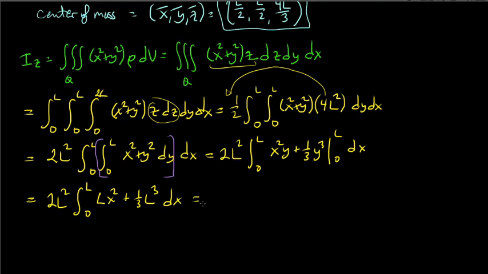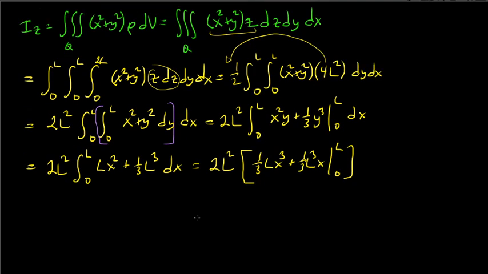And finally, we integrate with respect to x. That gives us 1/3 Lx cubed plus 1/3 L cubed times x, evaluated between 0 and L. So, with the 2L squared, we get 1/3 L to the 4th plus 1/3 L to the 4th, which is 2/3 L to the 4th power.